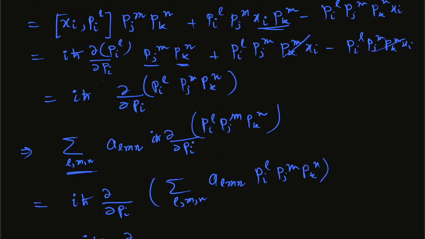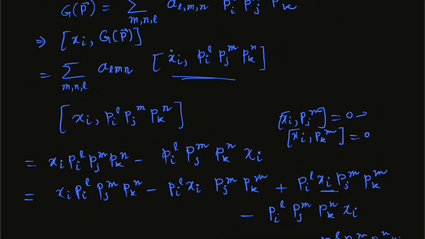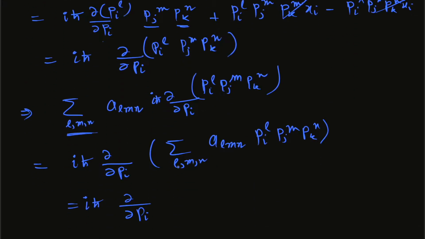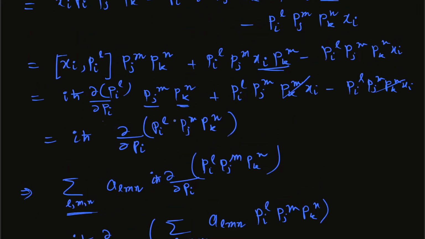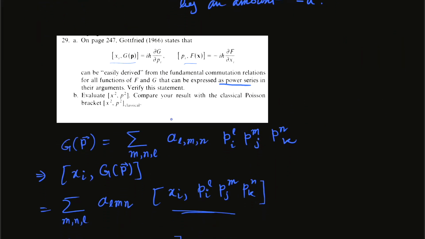This term is actually g(p), so this is iħ ∂g/∂p_i. So we proved the first part of question 29.